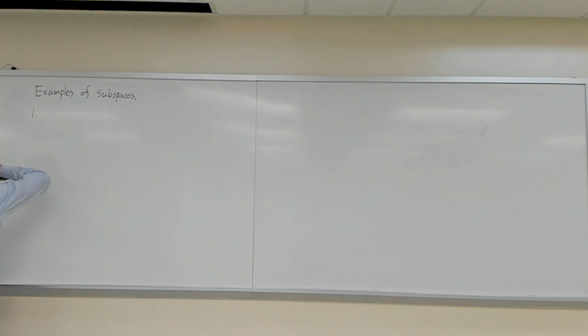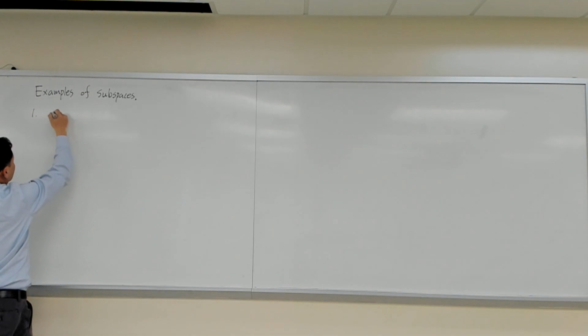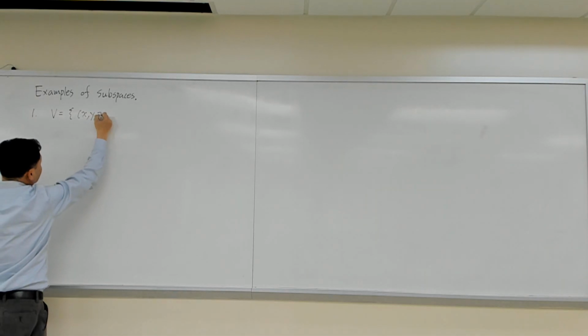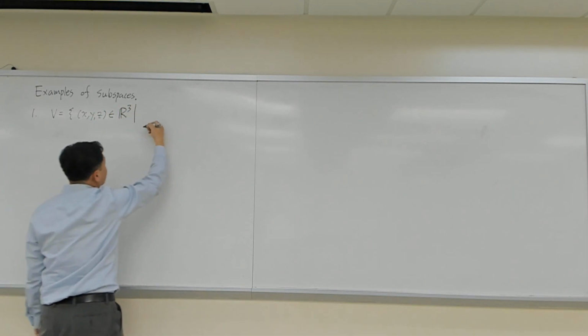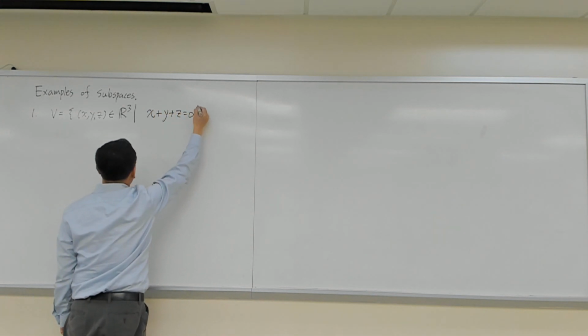Okay, number one, let's think about V equal to (x, y, z) in R3 such that x plus y plus z equals 0.